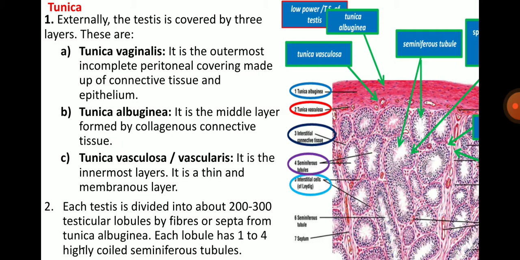The two layers, tunica albuginea and vasculosa, are seen clearly in this section, and you can even see the cut section of a number of seminiferous tubules which may appear oval or elongated. There are sections of the seminiferous tubules showing the lumen, which is surrounded by two types of cells, which I am going to explain later, and in between these seminiferous tubules there are cells called the cells of Leydig.